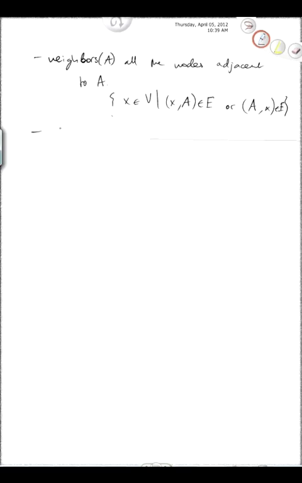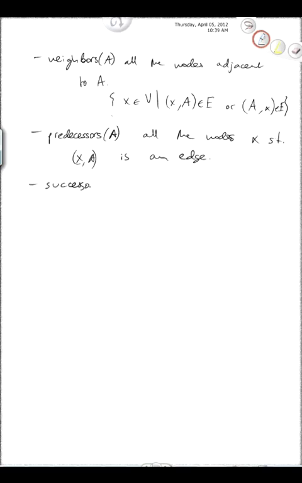And similarly, we might define the predecessors of A, which are all the nodes X such that XA is an edge, and the successors of A, which is all the nodes X such that AX is an edge.